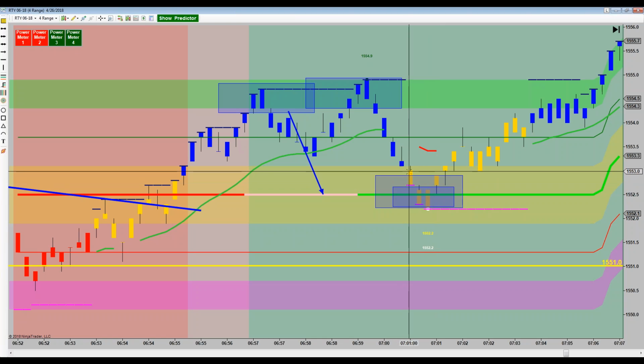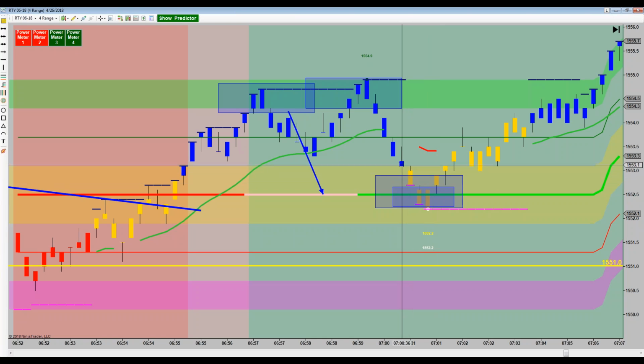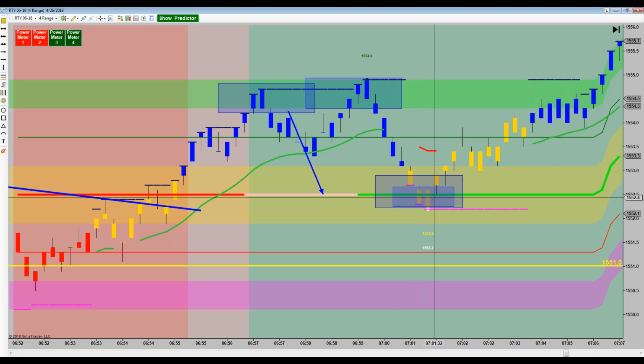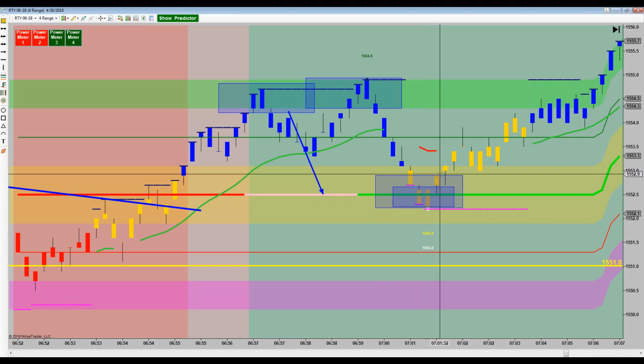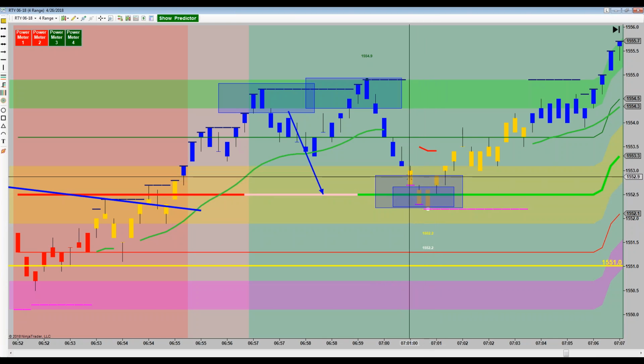So between the formation of these bars and these bars all the way over to these bars, how much time did you have? Less than a minute.